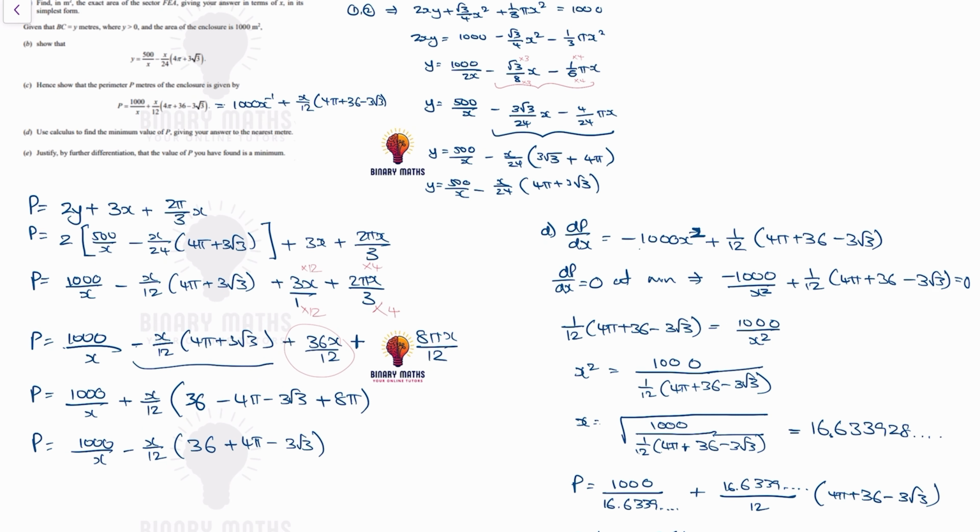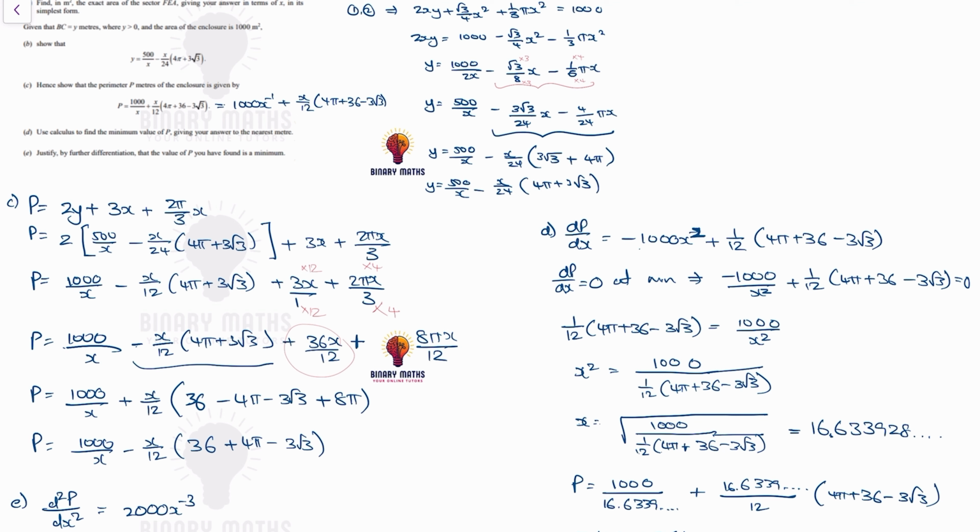So this was C. So I'll go back to E. Then I need to differentiate dP/dx in terms of x again. So when I do that, I get 2000 x to the minus 3.